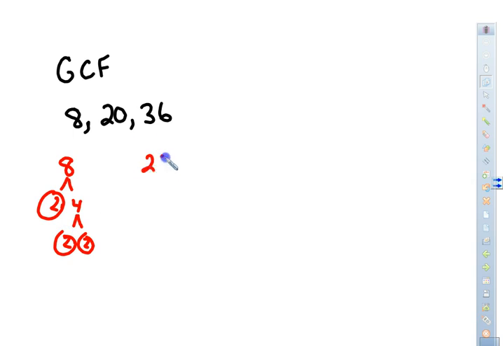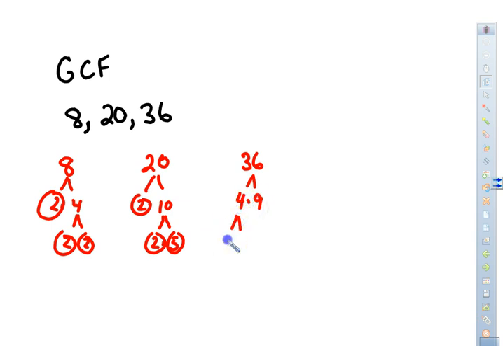And then for 20, you have 2 times 10. 2 is prime, and then 2 times 5, both prime. And then for my number 36, 4 times 9, and then 2 times 2, both are prime, and then 3 times 3, and they are both prime.